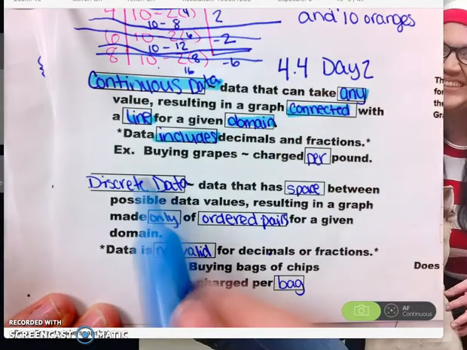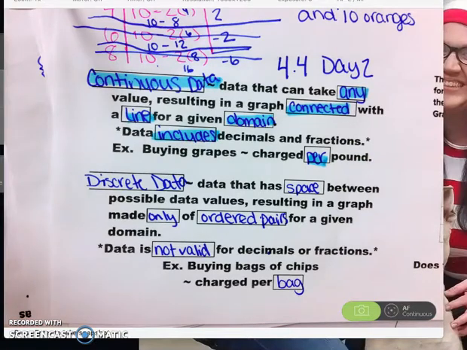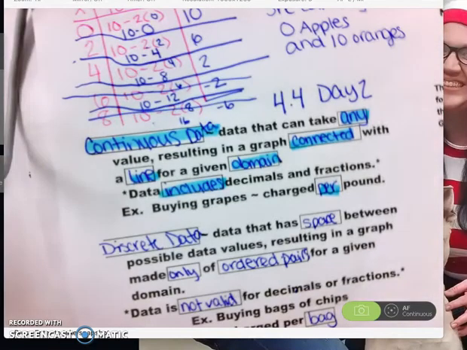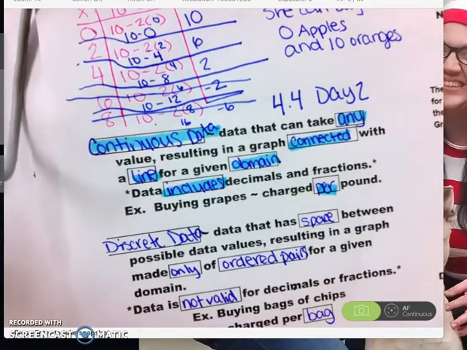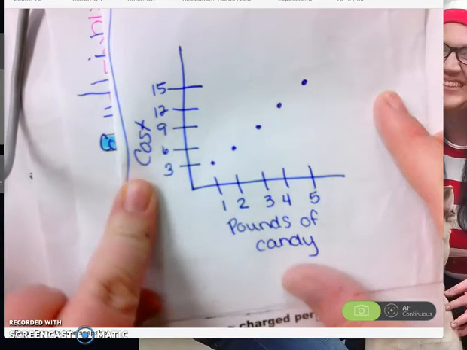Okay, example, buying grapes charged per pound. You can buy a pound and a half, or 1 pound, or 1.26 pounds. Okay, an example I kind of put here is if I have a graph of cost and pounds of candy.